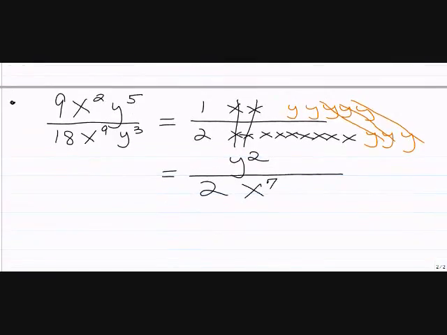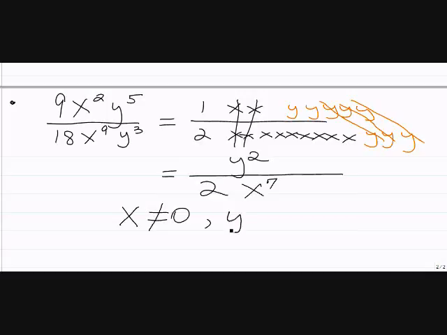Restrictions. What would give me 0 on the bottom of this fraction, in the denominator? So x may not be equal to 0, otherwise I'm in trouble. What else? X can't be 0. What else can't be 0?